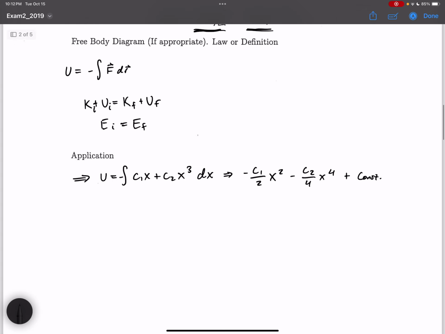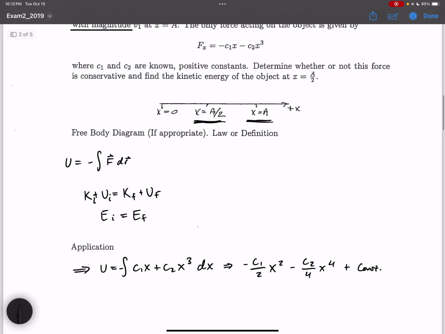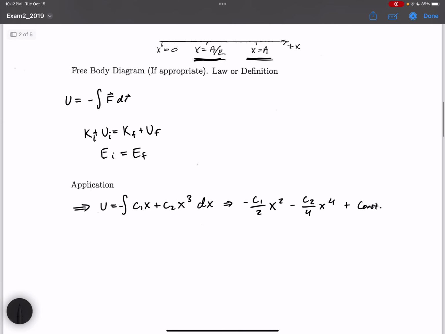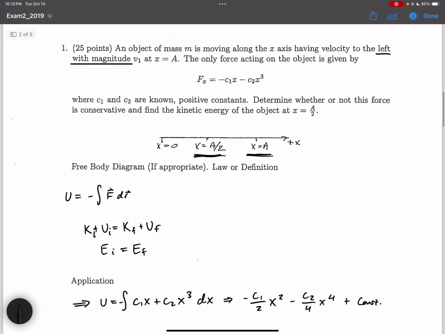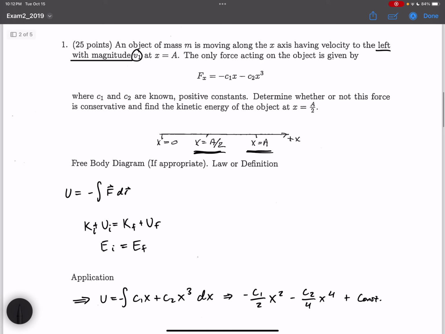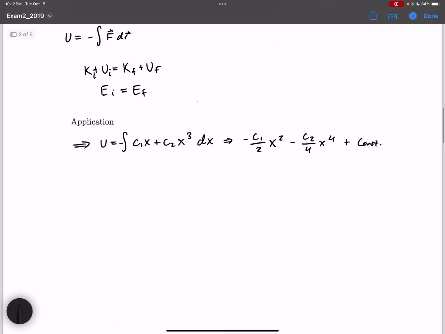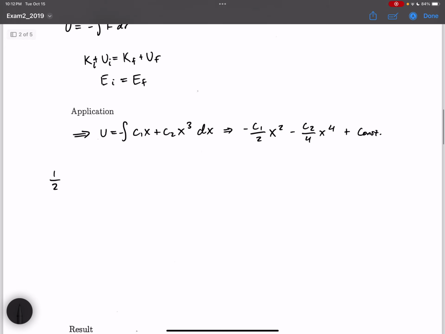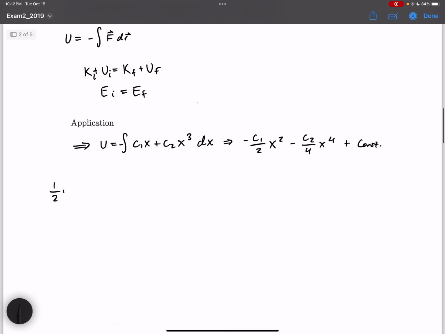We're starting at a, moving to the left with a velocity of magnitude v1. So the initial kinetic energy is going to be 1/2 m v1 squared, because that's kinetic energy.